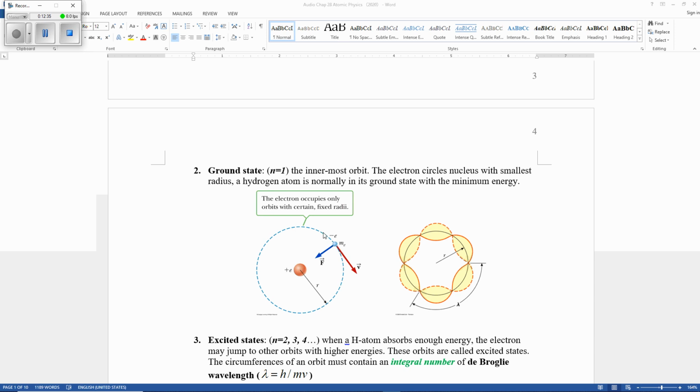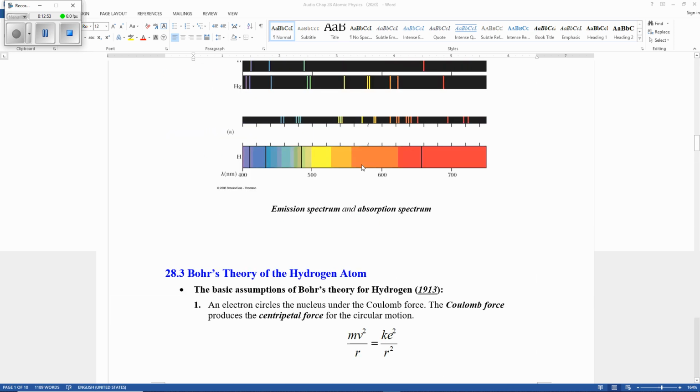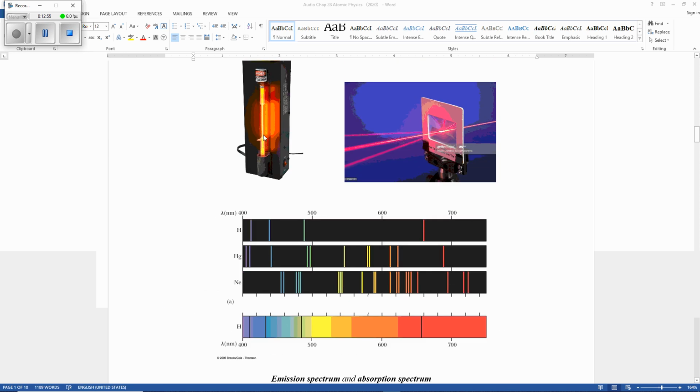If we don't give any energy, the electron just keeps circling. This circle we give a name: the ground state.